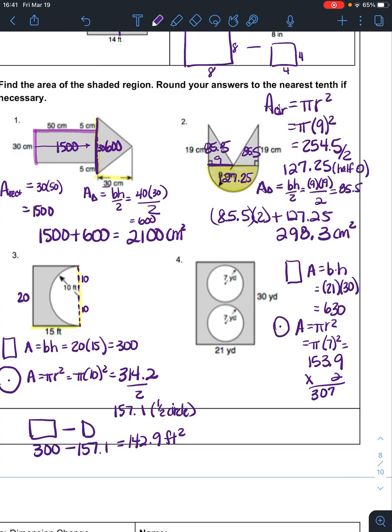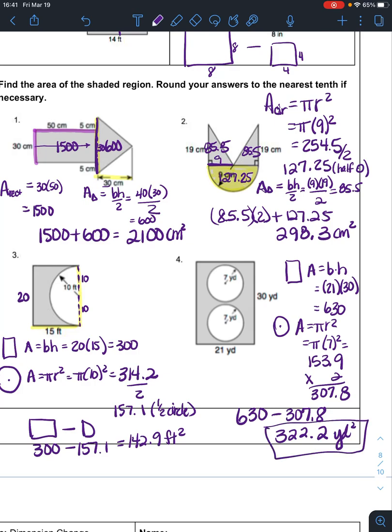And that gives you 307.8. So we need to take the area of our rectangle and we need to subtract the circles. So we take 630 minus 307.8, you get 322.2, and that's square yards, or yards squared.